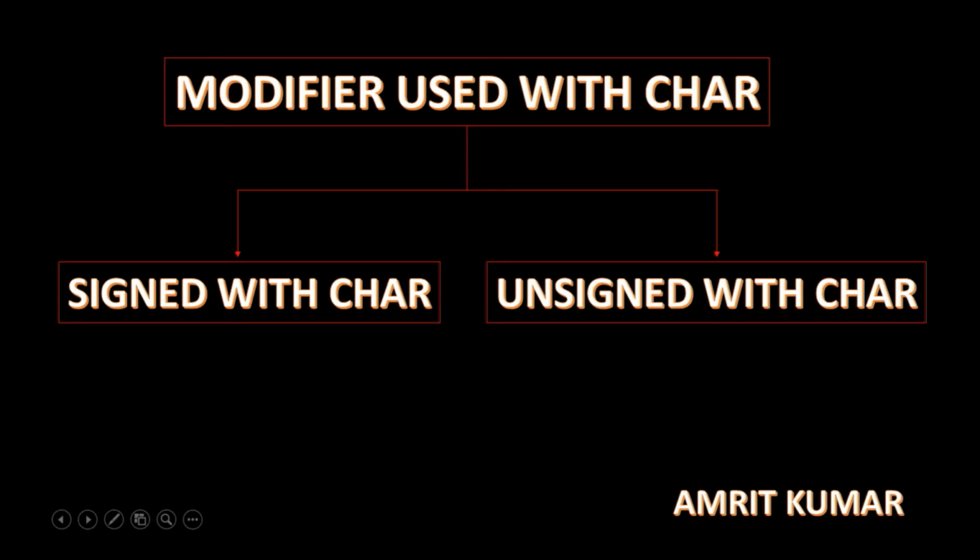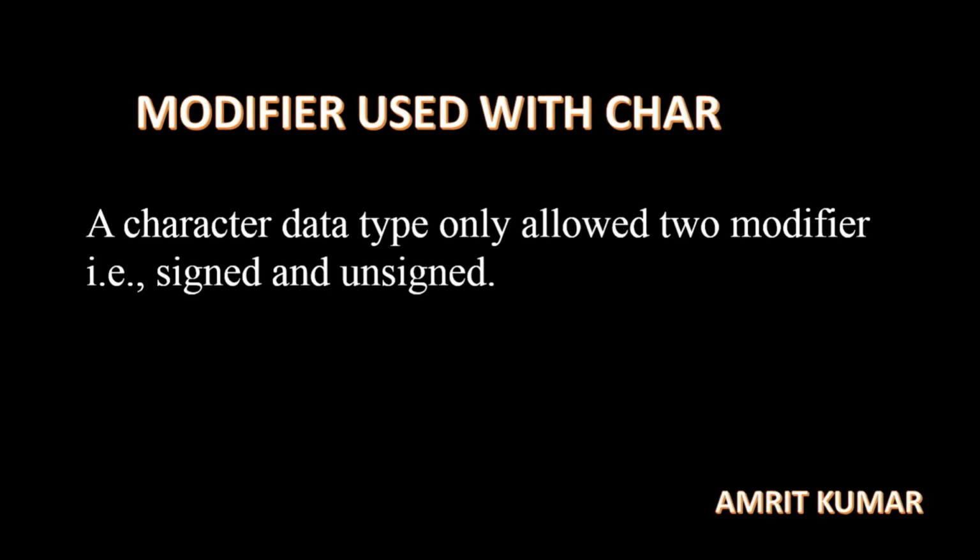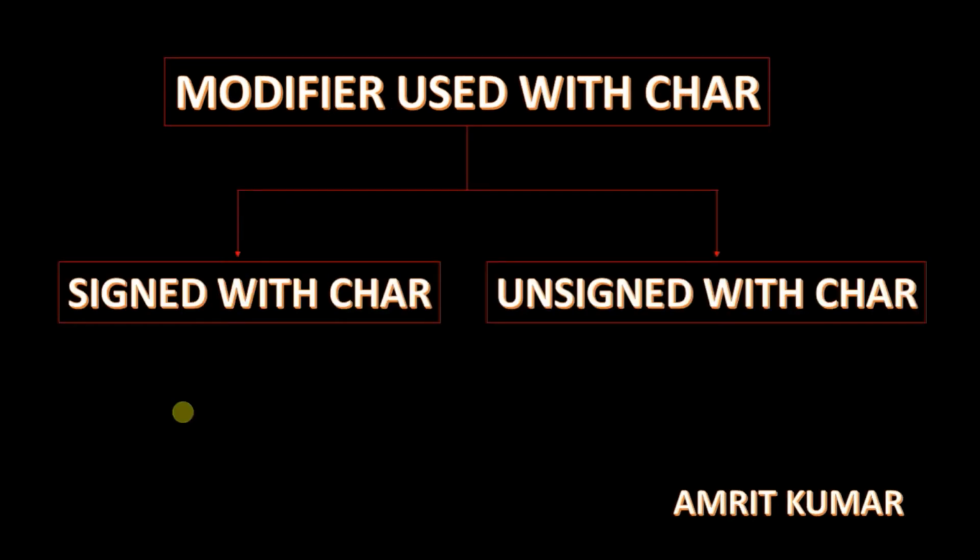So, modifiers used with the character. What is the meaning of this? A character data type only allows 2 modifiers, signed and unsigned, and that's why we are using these properties. Because the modifier used with the character allows only 2 modifiers, signed and unsigned, we have classified this into 2 sections: signed with char and unsigned with char.